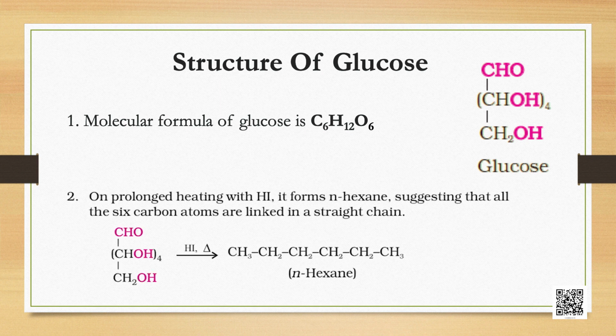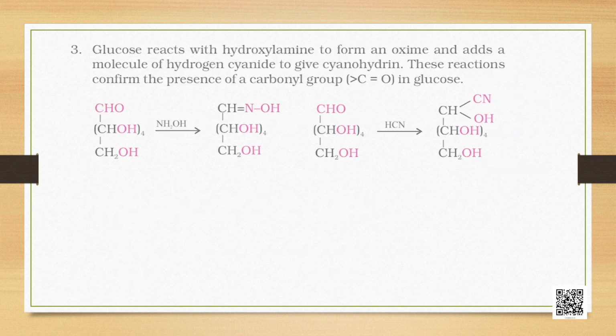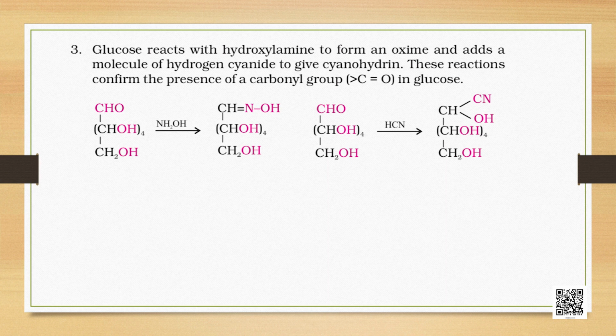Second, on prolonged heating with hydrogen iodide, it forms n-hexane, suggesting that all the 6 carbons are linked in a straight chain. Third, glucose reacts with hydroxylamine to form an oxime and adds a molecule of hydrogen cyanide to give cyanohydrin. These reactions confirm the presence of a carbonyl group in glucose.